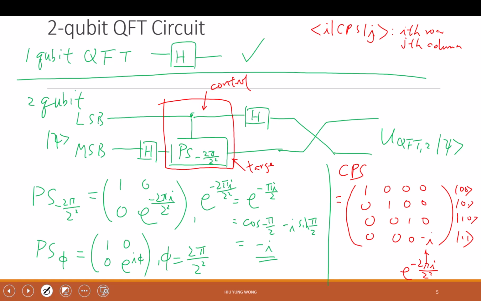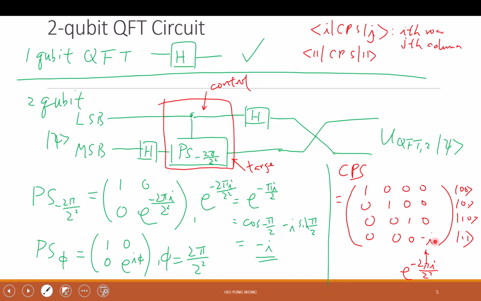For example, the last one is control phase shift 1, 1. As I told you before, the element in the i-th row and j-th column is just the bra of the i-th basis vector times the gate times the j-th basis vector.